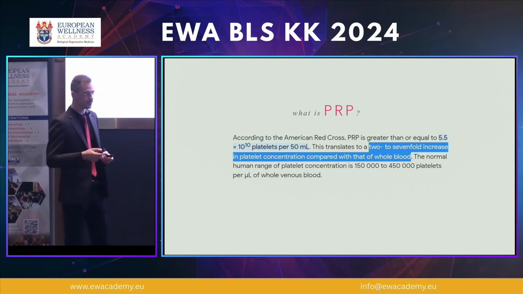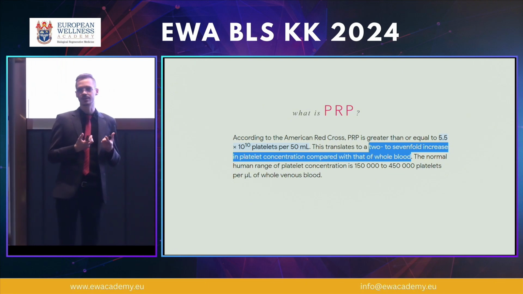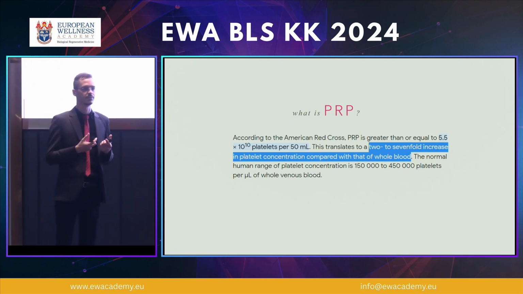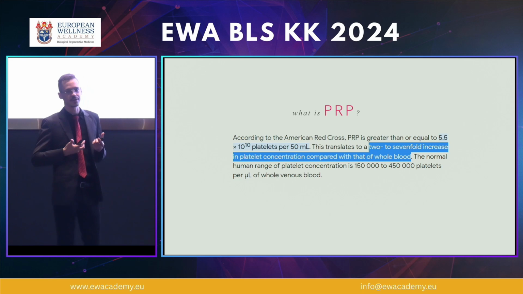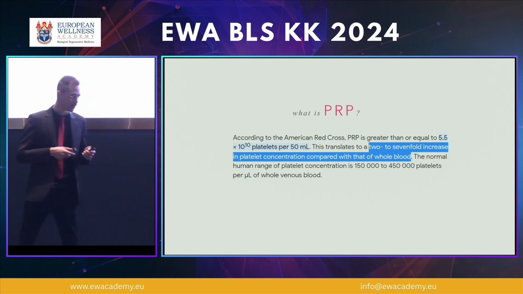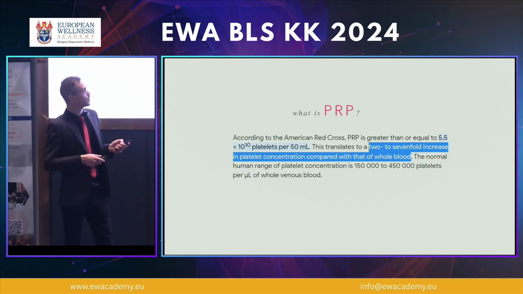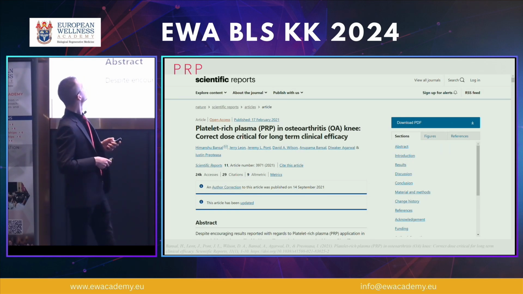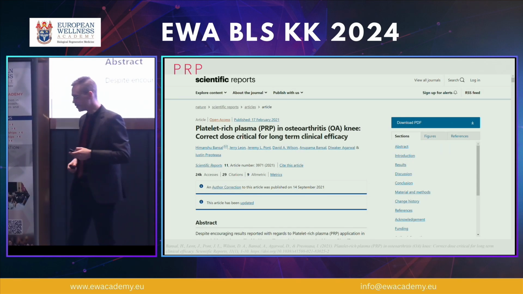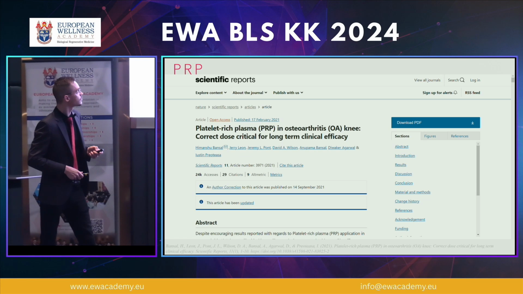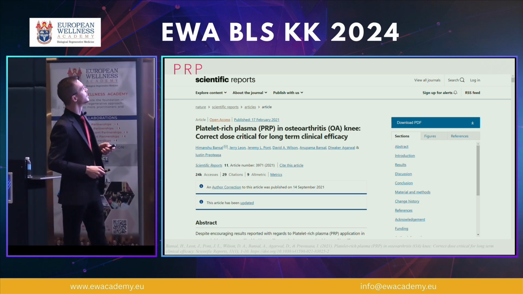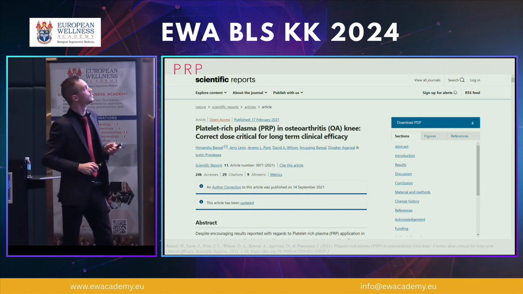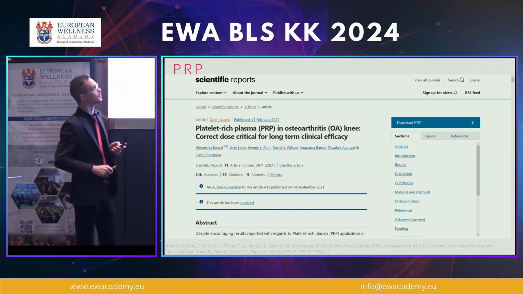We can use this as PRP, even though the concentration is quite low. And to be honest, most of the disposable kits that you can find on the market, yes, there are certain limitations to the concentration of platelets you can obtain. But particularly for osteoarthritic conditions, it's been shown that the correct dose is critical for long-term clinical efficacy.